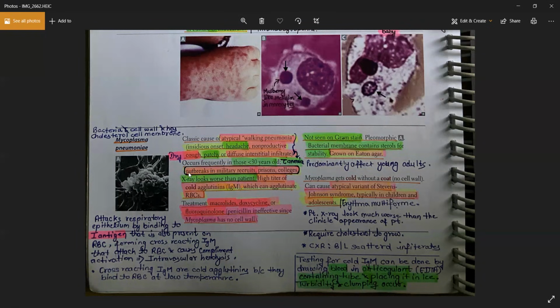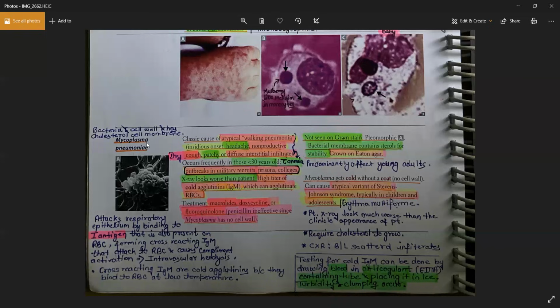You will also mix an anticoagulant in the blood to make sure the coagulation is not happening because of the patient's coagulation factors. So you will mix it with anticoagulants like ethylenediaminetetraacetic acid, EDTA, and place that tube into the ice packs. And what you will see is turbidity and clumping. If that occurs, that means the patient has cold agglutinins.